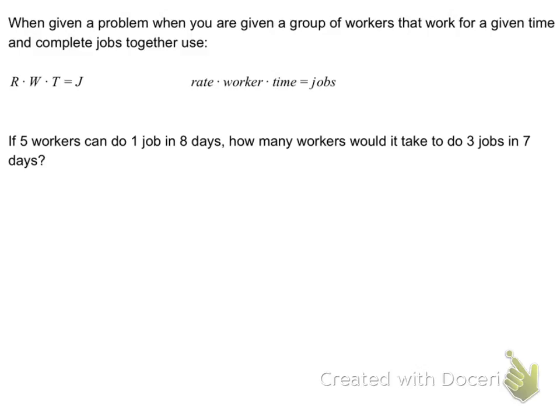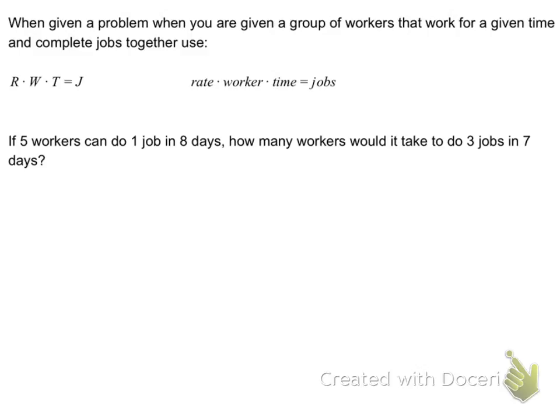These are all things that businesses would have to do to make sure they are running on budget. So anytime you talk about workers, jobs, and time, you will revert back to the rate worker time equals job equation.